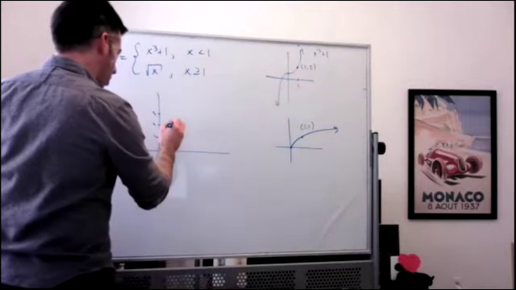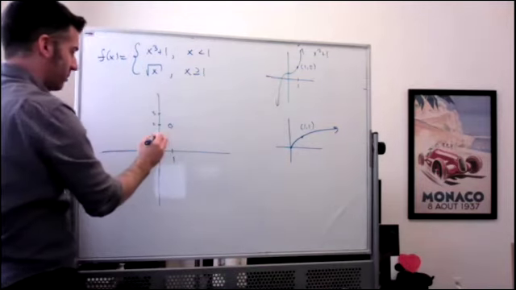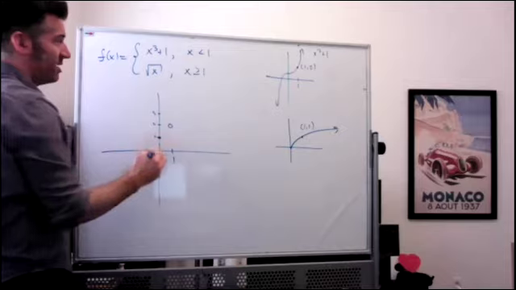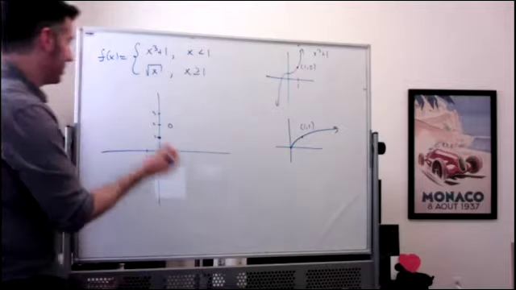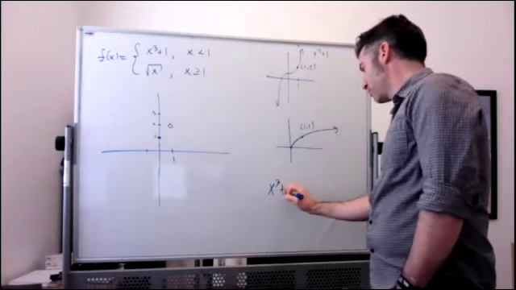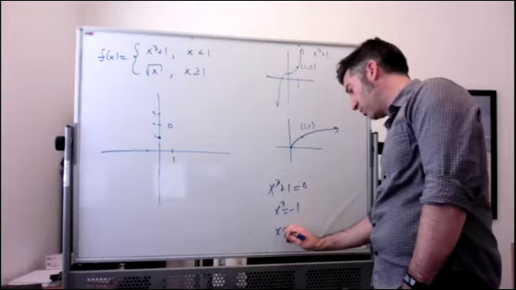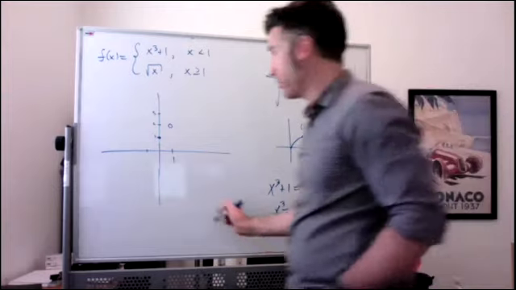So I know I'm going to get a hole at 1, 2. And this graph has a y-intercept of 1. It also has an x-intercept of -1, because if you set x cubed plus 1 equal to 0, you get x cubed equal to -1, and the cube root of -1 is -1.